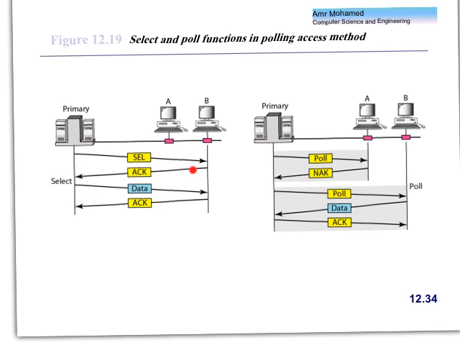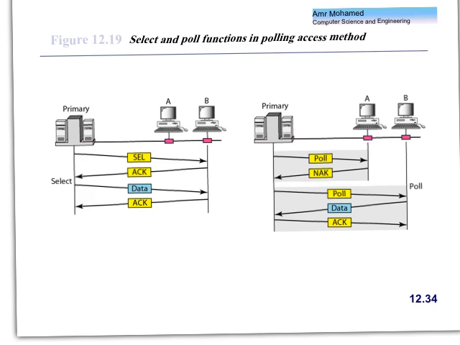In the downlink transmission, the primary node is always the one that initiates the transmission, even if it's the receiver. So for example here, the primary node wants to send data to one of the stations. This is what we call the downlink procedure. Downlink is coming from the access point to the stations.